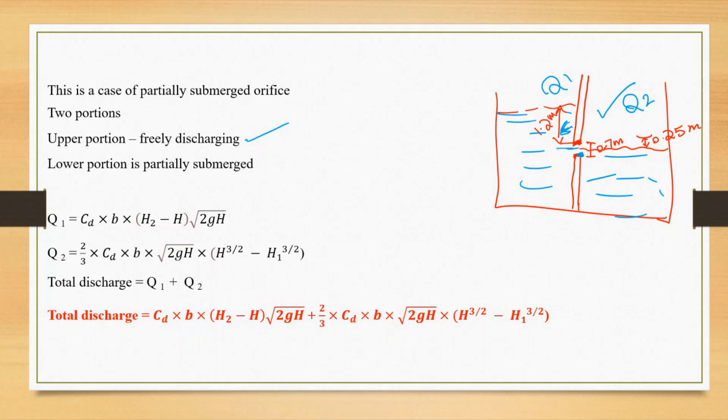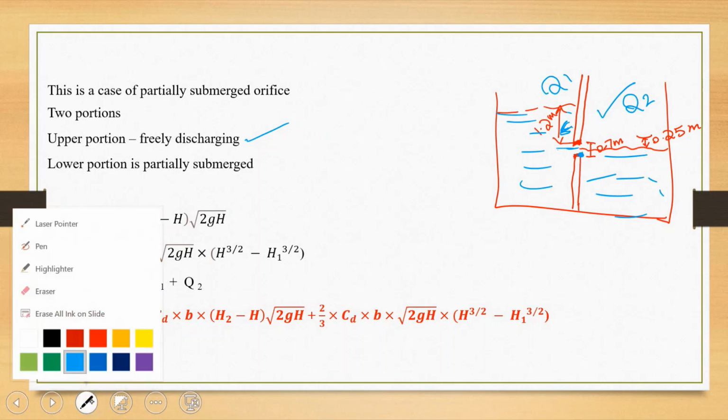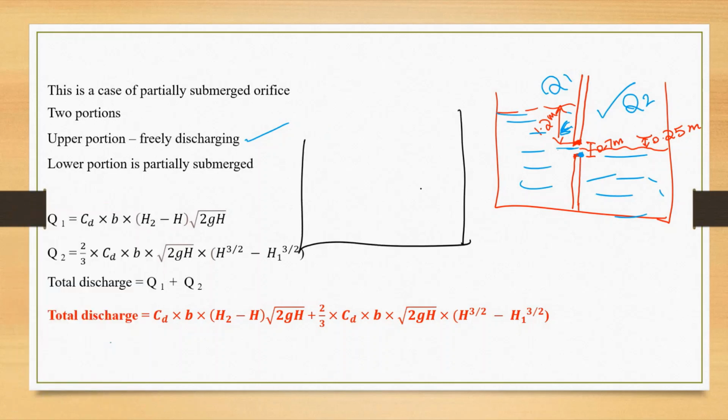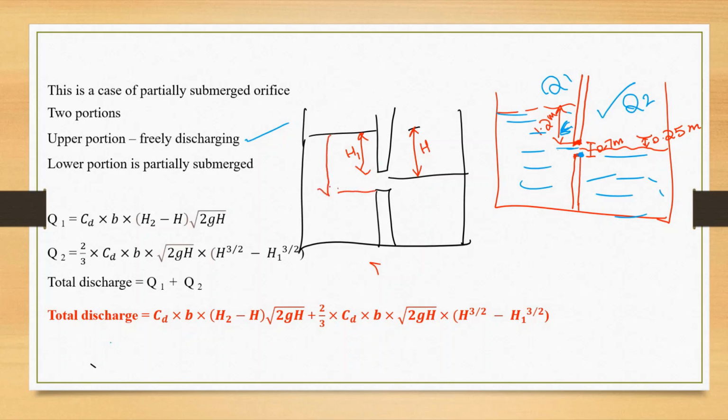Let me just draw another figure showing the values as H1, H2, because it will be helpful if you're doing another similar question. Now the total depth is called H, and this depth is called H1, that is the water above the top edge of this orifice, and the water above the bottom edge of the orifice is called H2.